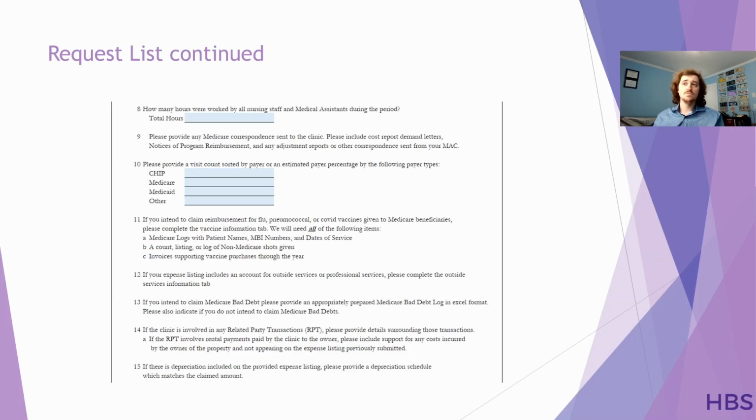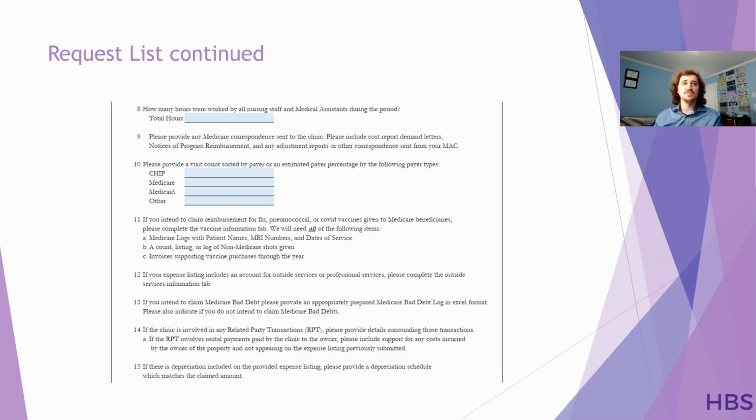We need some kind of total count for all non-Medicare shots given that year, or just all shots overall, and then invoices supporting the purchase of any of those flu, pneumococcal, or COVID vaccines throughout the year. And we have a summary tab where some of this information can go, but we still need the Medicare logs and the supporting invoices as well.